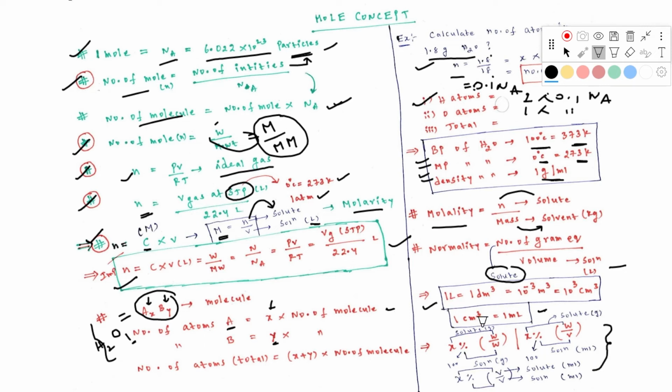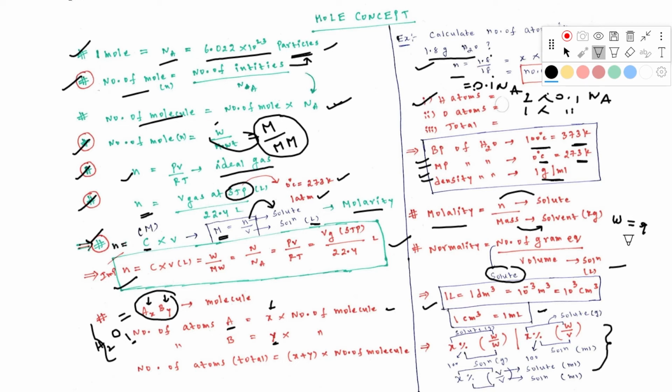If the examiner in the exam gives it like this, how can you understand this representation? Simple. You have to remember, whenever we have W, in general we have to take W in grams.